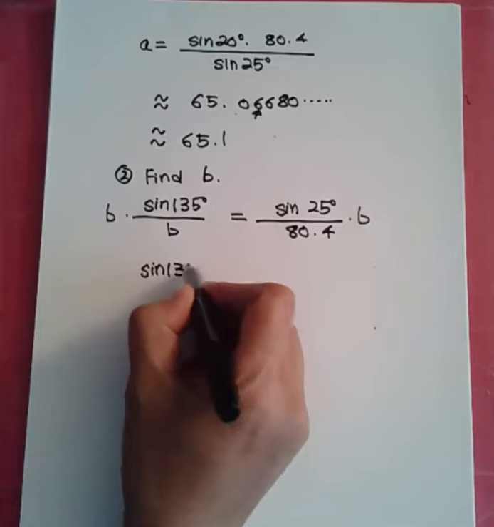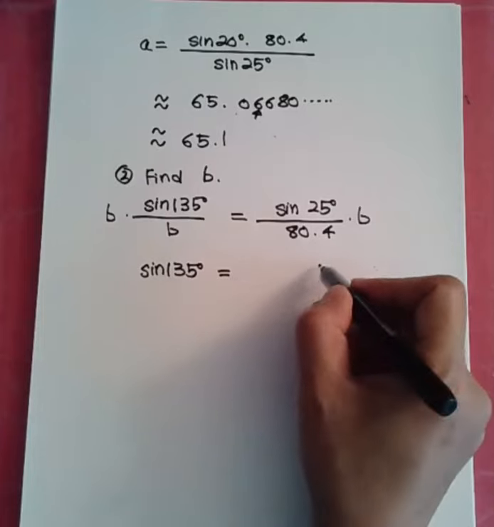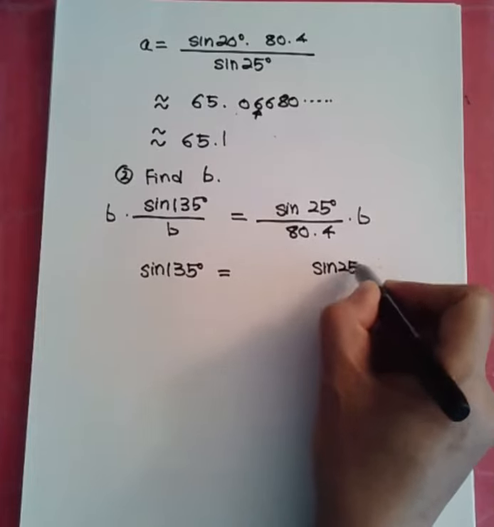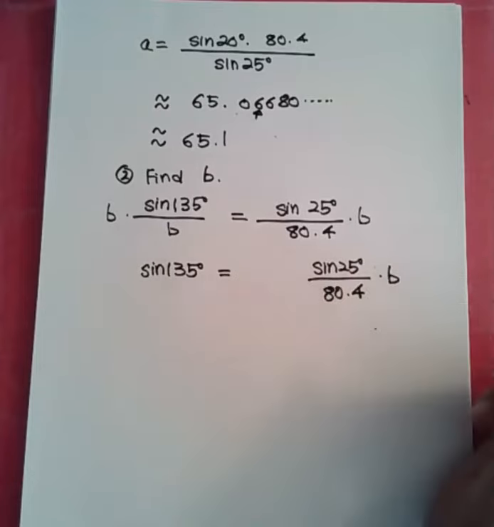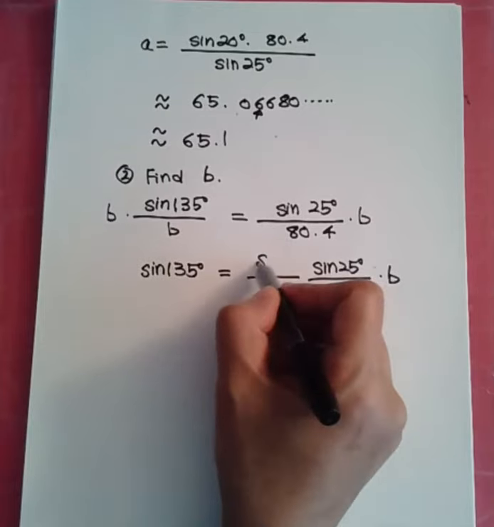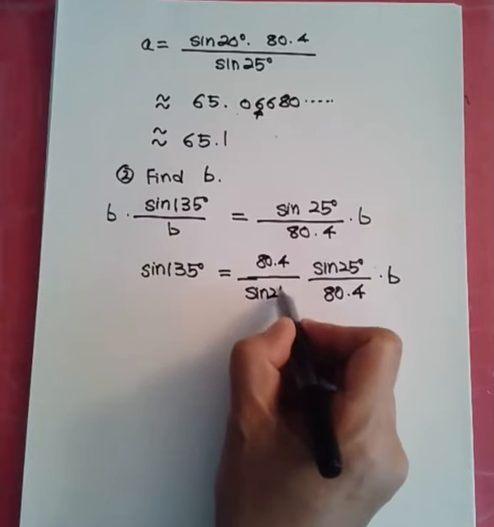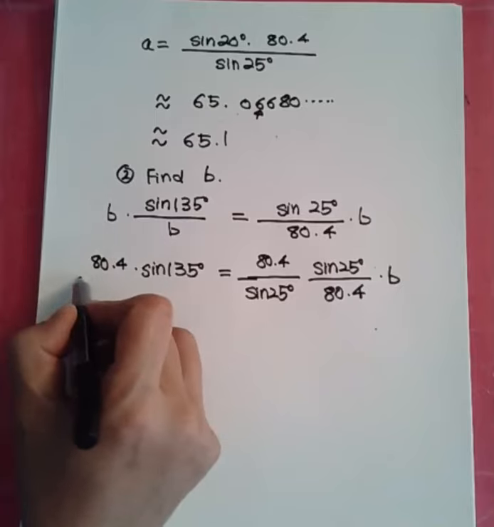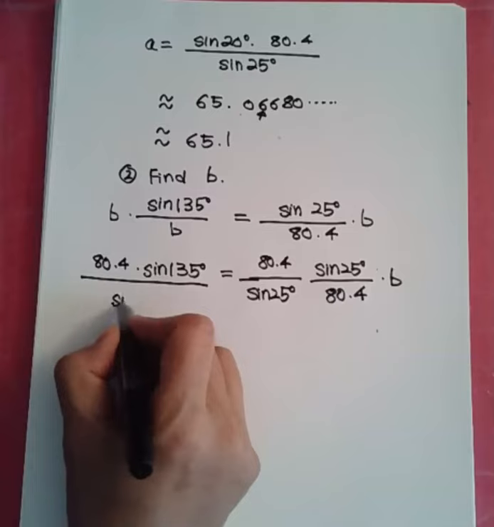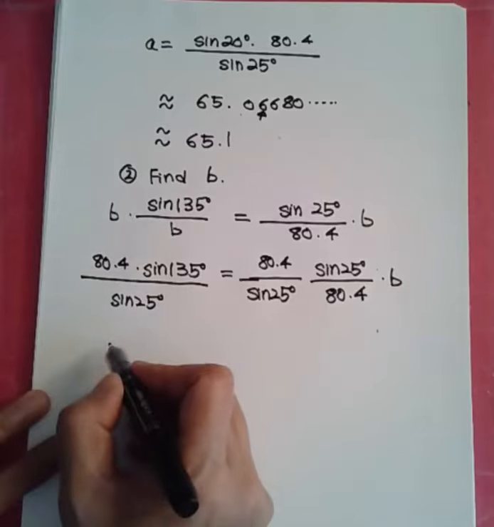Sine of 135 degrees equals sine of 25 degrees over 80.4 times B. We multiply by the reciprocal on both sides to get 80.4 over sine of 25 degrees. So the B's cancel each other.